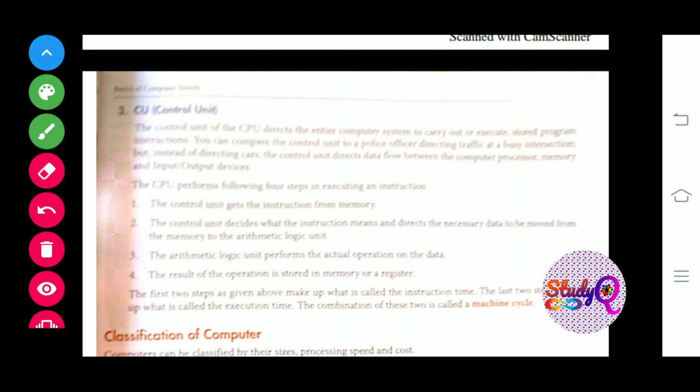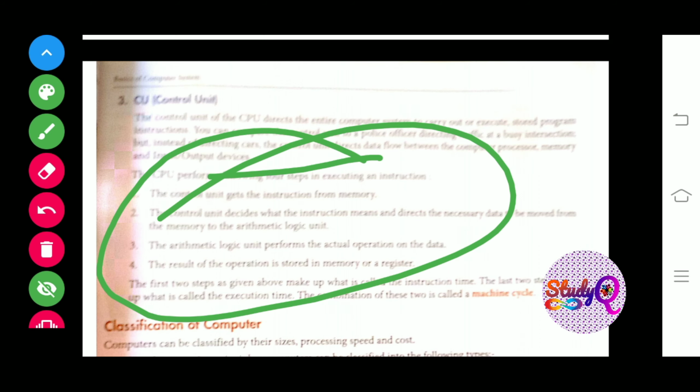You can compare the control unit to a police officer directing traffic, meaning everything going through input or output devices or storage devices is controlled by the control unit. I know you are not able to read this, but I am explaining it clearly.